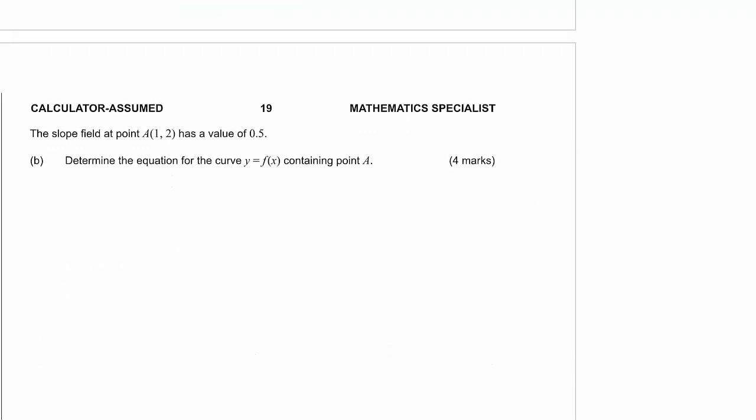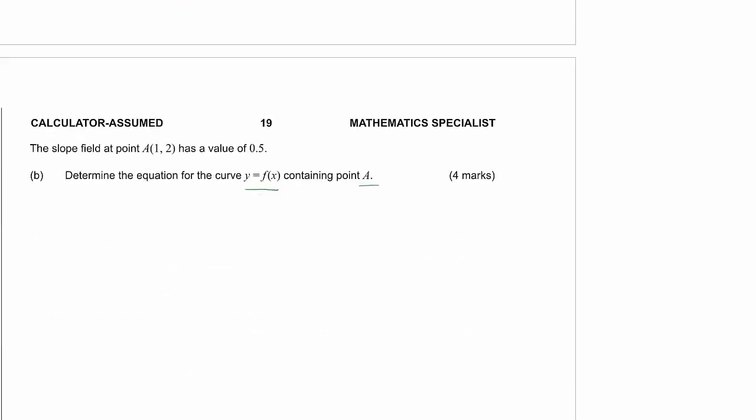Slope field at point A, (1, 2), has a value of 0.5. Determine the equation for the curve y equals f of x containing the point A. So we have dy/dx is equal to a minus bx.